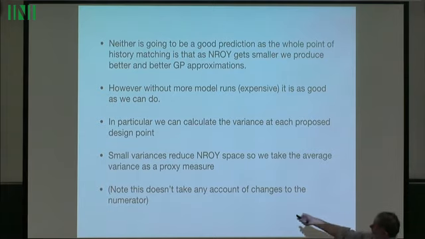So we can calculate the variance at each proposed design point, and that's a measure of how well that emulator is doing. And small variances would reduce the NROY space, so I'm going to take that variance as a proxy for how well the emulator is going to reduce the NROY space. I say most of the action actually happens at the top, but I can't predict that, so this is a bad proxy, but it's the only thing I've got.